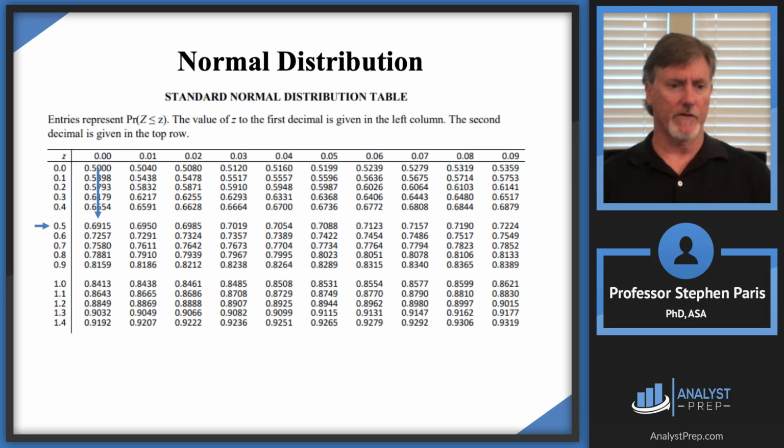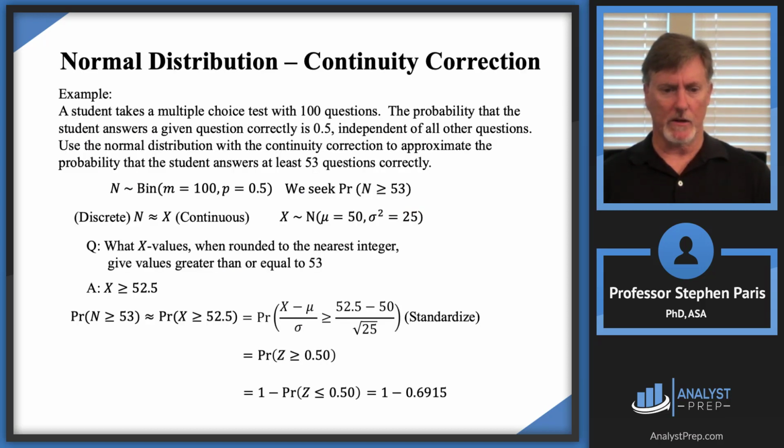Pluck out the value for 0.5 from the table, which is 0.6915, and I see that my answer, if I'm taking into account the continuity correction, is now 0.3085. Before, the answer was around 0.27, around 27%. Now it gets bumped up to 30% when we take into account the continuity correction.